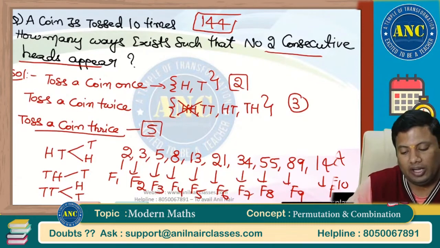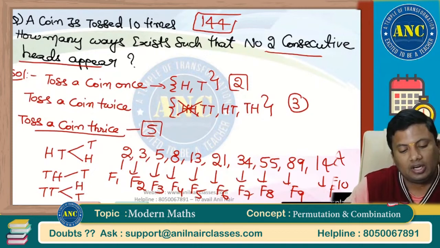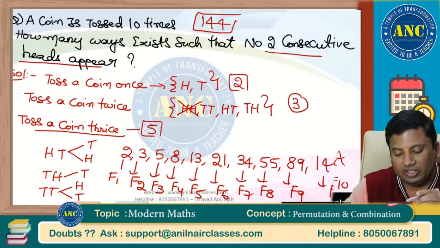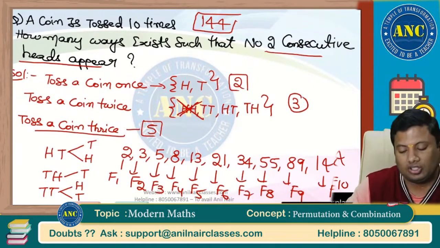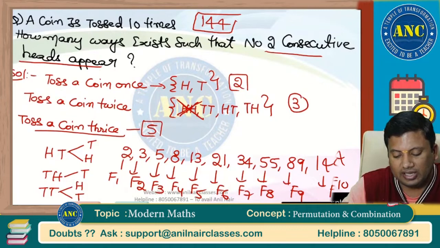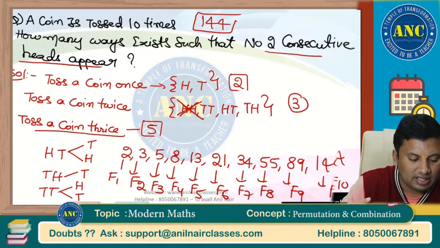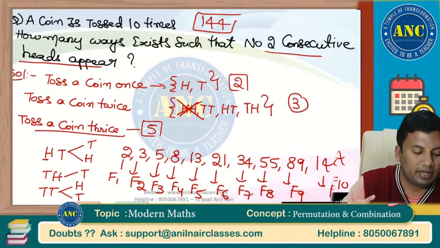Tossing a coin only once, head or tail, two ways. Tossing a coin twice, HH, TT, HT and TH. HH should not appear because the question is no two consecutive heads appear. HH is cancelled, it is nothing but 3. Tossing a coin thrice, the first time it can be head. Second time it cannot be head because no two consecutive heads appear, so HT.